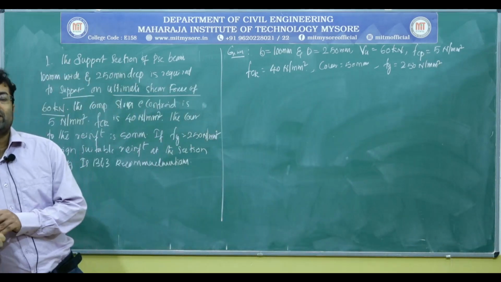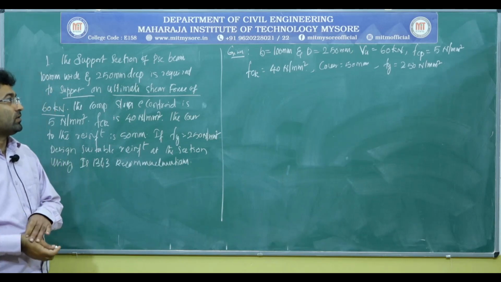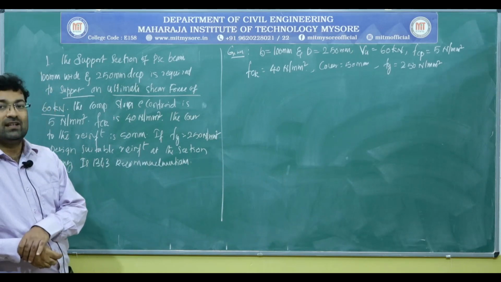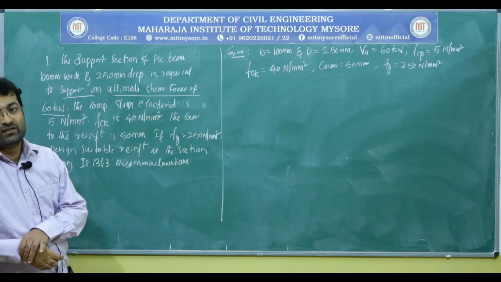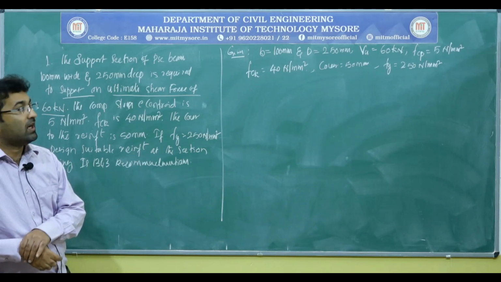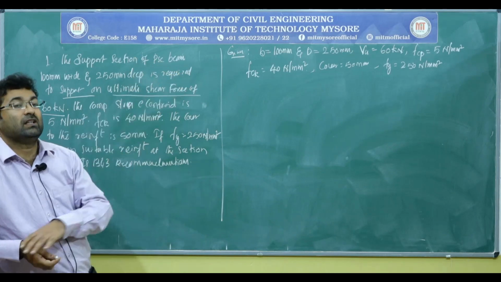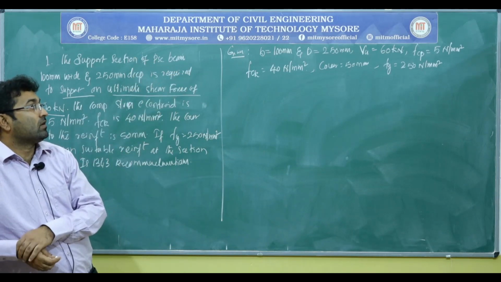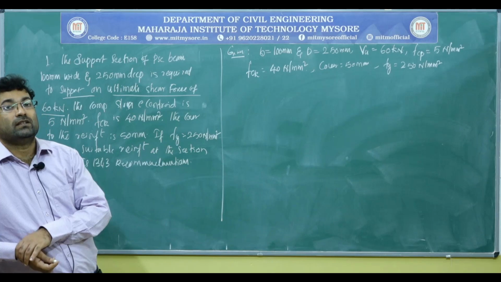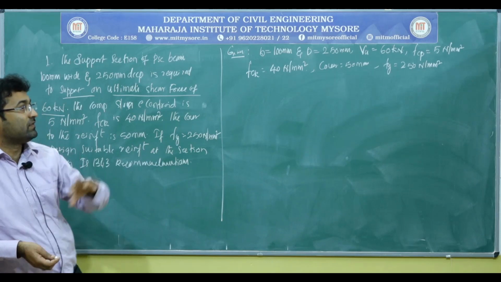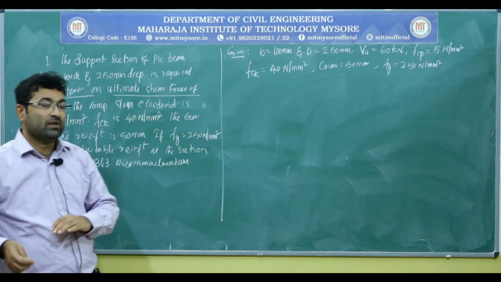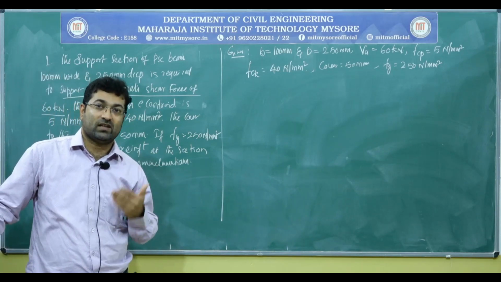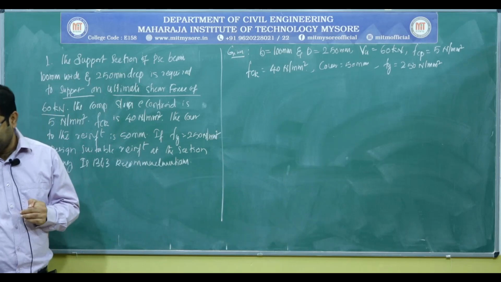So based on this given information, we have to calculate the actual ultimate shear resistance capacity of the section, and then compare it with the actual acting shear force. Based on that parameter, we need to decide whether the shear reinforcement is required or not. Okay.